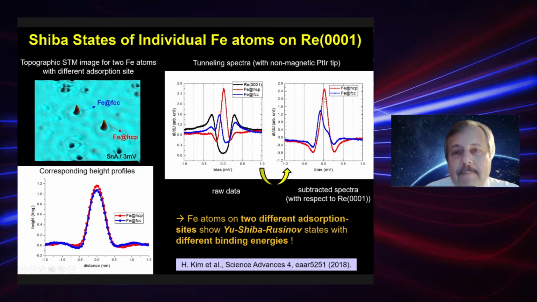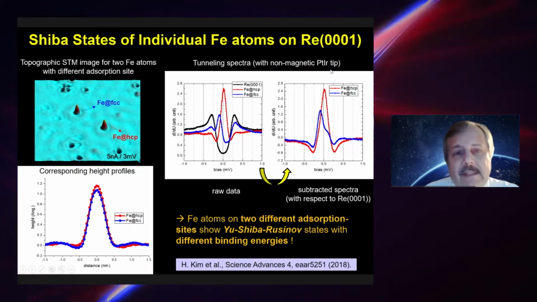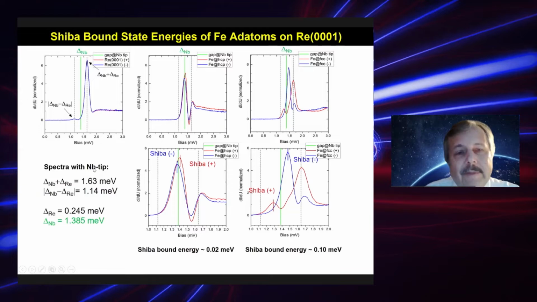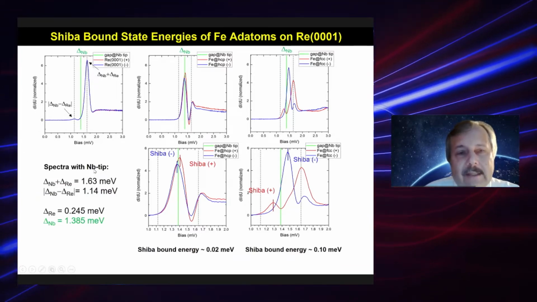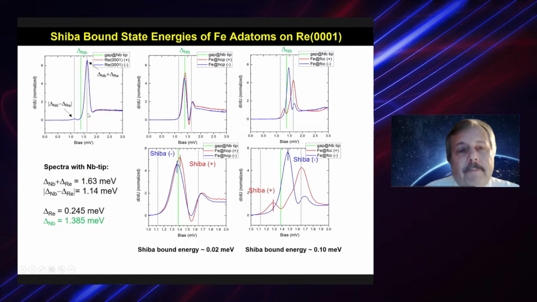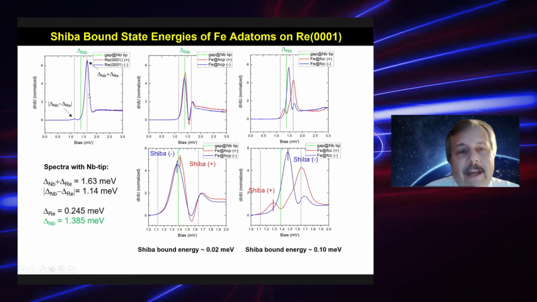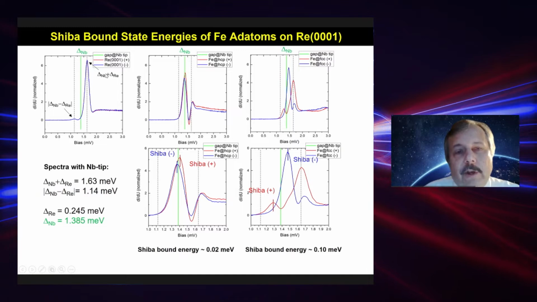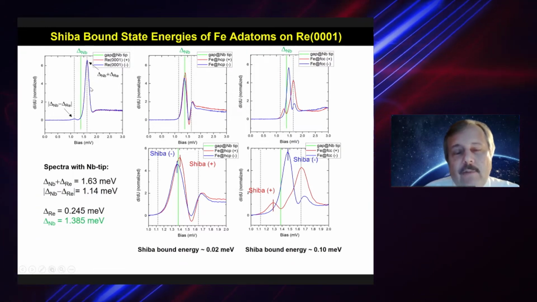It's not a single peak, and you can see this if you replace the normal metal tip by a superconducting tip, namely a niobium tip. Then you actually have a vacuum superconducting tunnel junction, and you improve the spectral resolution drastically. So you see the coherence peak then, of course, at the sum of the two superconducting energy gaps for the niobium and rhenium, and you have much higher spectral resolution.